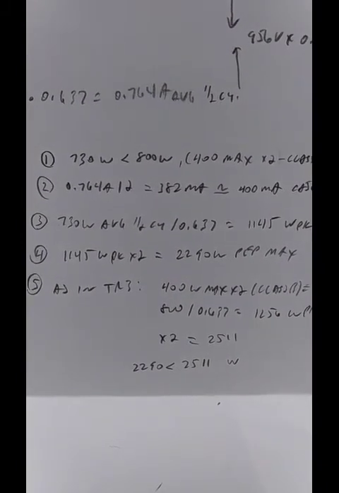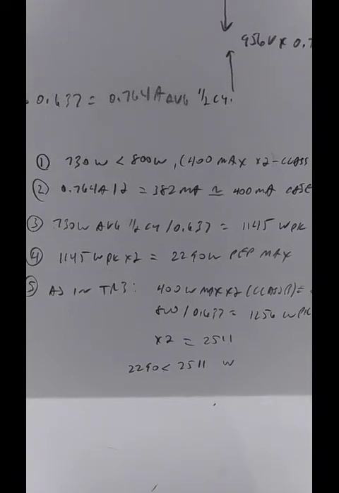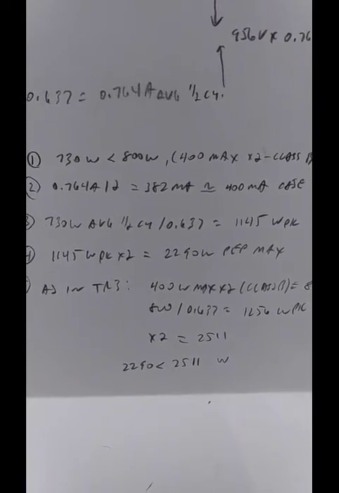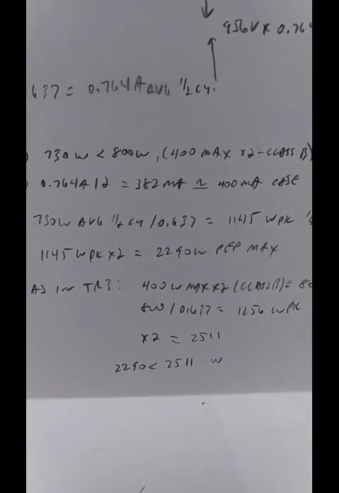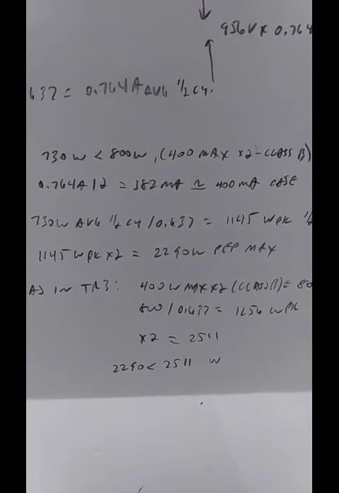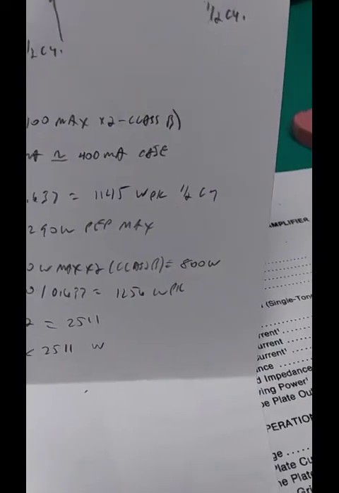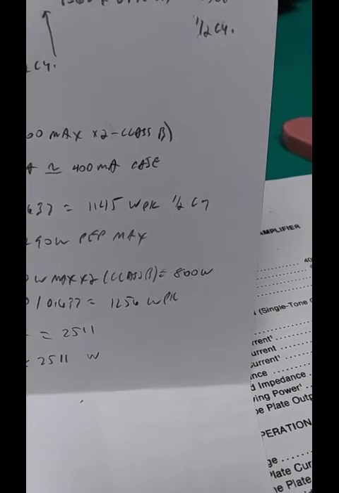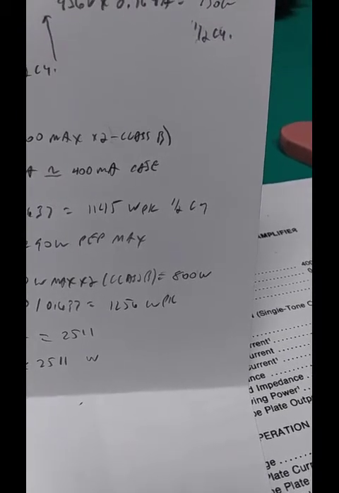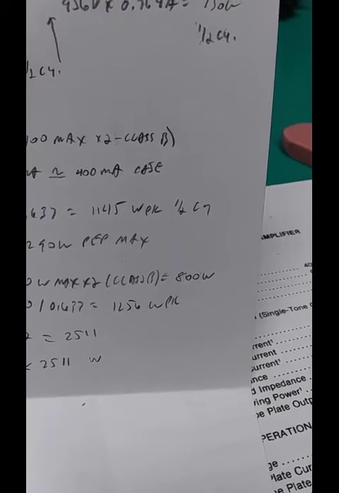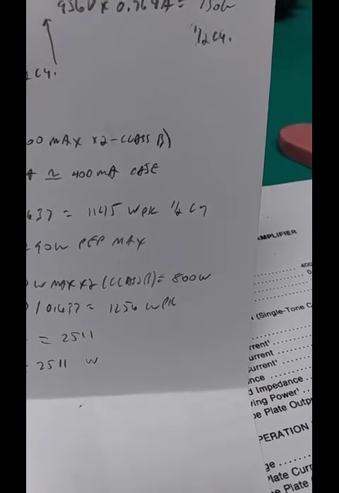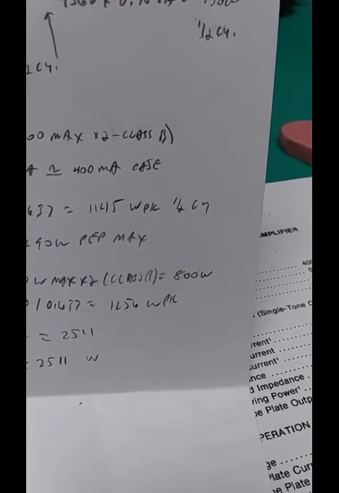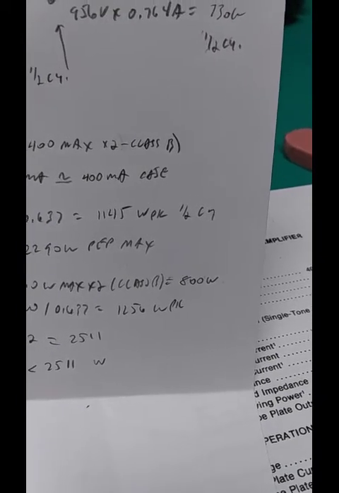Point 3, 730 watts average over a half cycle divided by our magic number 0.637 from the integral, to convert that back to peak, is 1145 watts peak on a half cycle. Now that sounds like, oh, that's way too big a number for this tube. Well, no, it isn't, because it's peak, and as we proved just above, it's less than max dissipation.